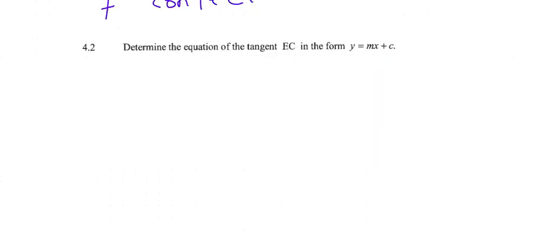So the next question, 4.2, is: determine the equation of tangent EC in the form y equals mx plus c. To find the equation of the line EC, we need its gradient m. So we know that EC is perpendicular to ME.